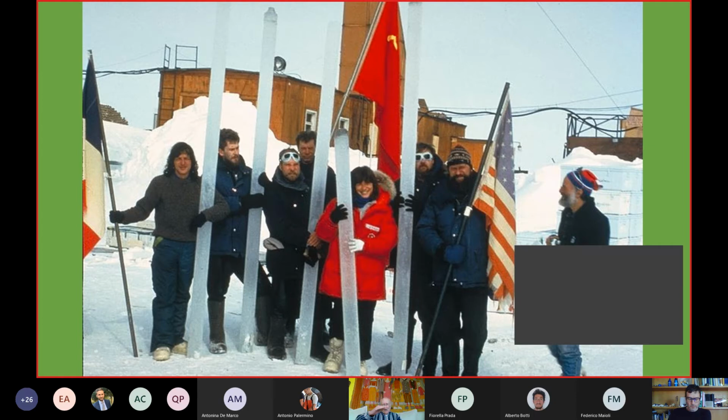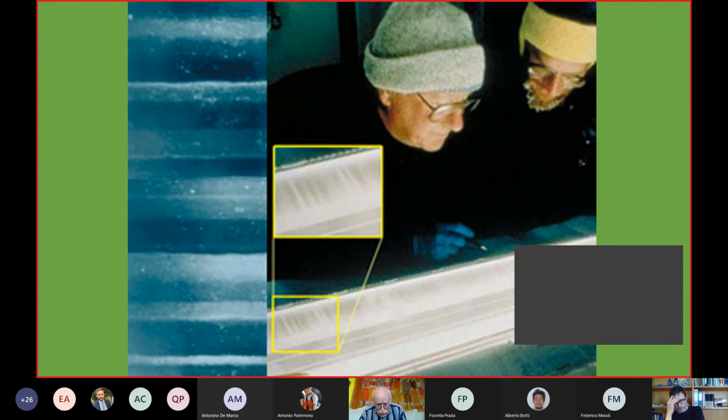You have snow coming, next year snow on top, and you know why snow is so light? Because most of it is air. So when the snow is compressed into ice, in that ice are captured samples of the atmosphere of that year. You can count the years, summer, winter, so you know the exact age of each one of these samples.